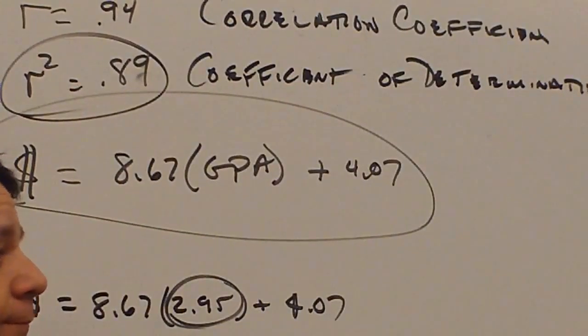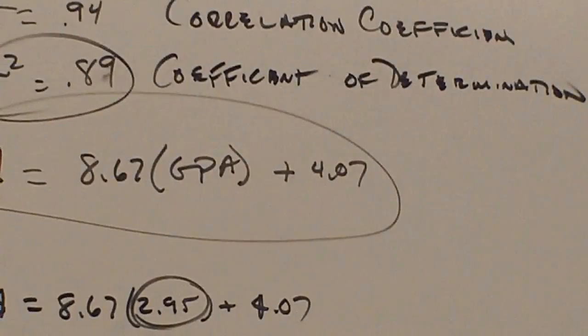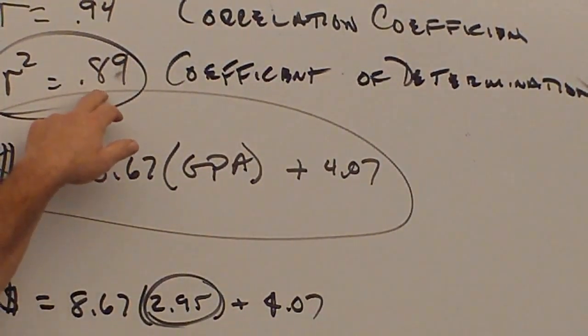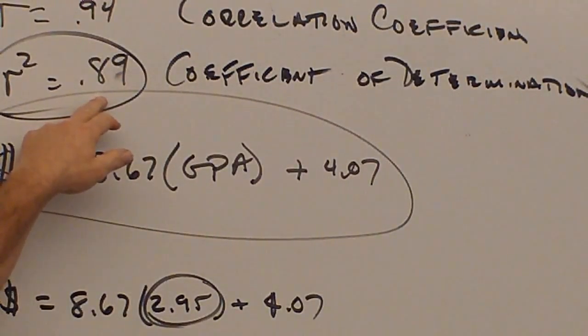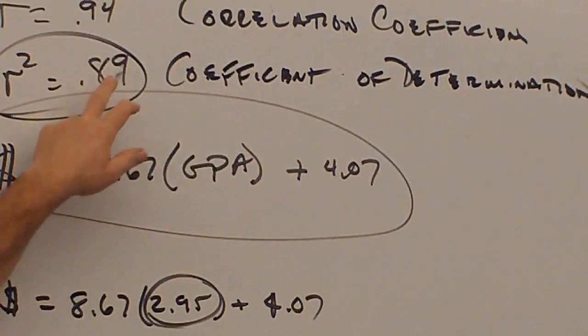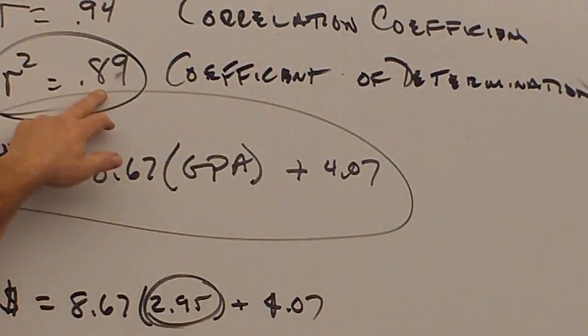Something about the causation. Yeah, what this says is that your regression equation explains 89% of the variability in GPA and salaries. Let me say that again. I didn't say that very well. Let me start fresh.